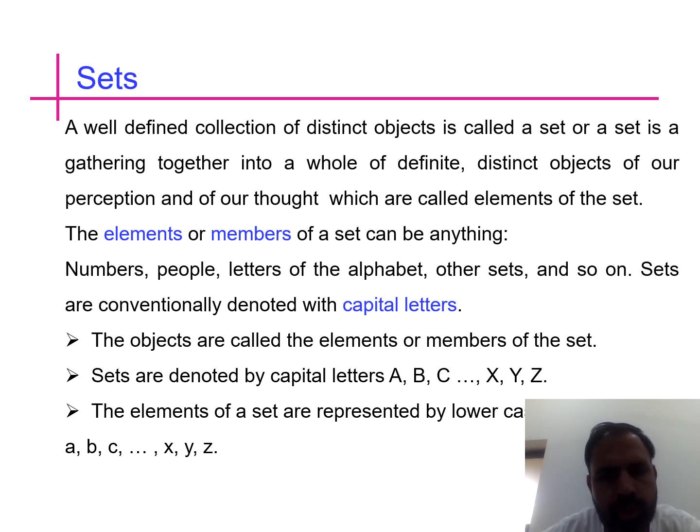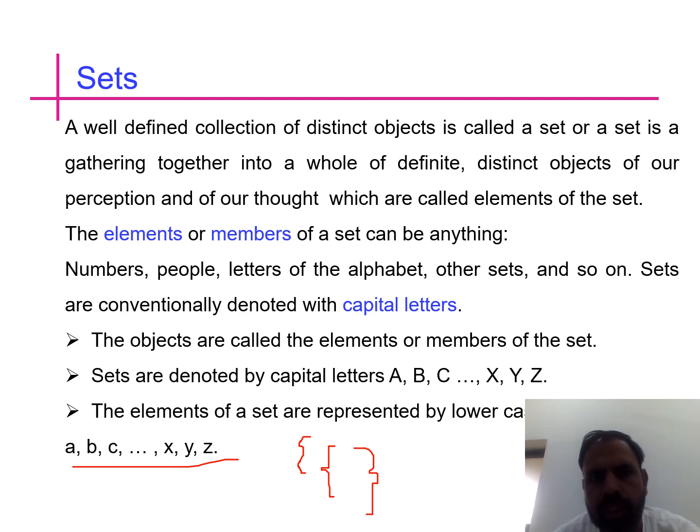Sets are denoted by the capital letters A, B, C, X, Y, Z. The elements of sets are represented by lowercase letters a, b, c. The notation used for a set is a capital letter, and the set is defined between two brackets.